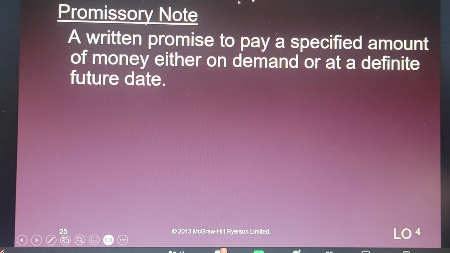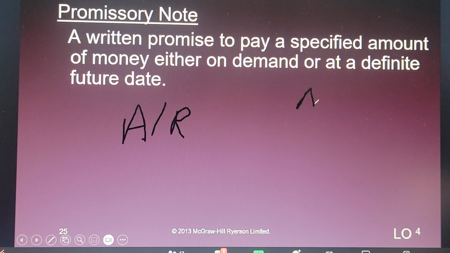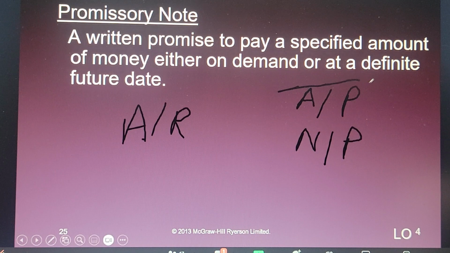What we have is short-term notes receivable. Okay. Now, we had accounts receivable. And if you remember when we talked about accounts payable and notes payable, we had those two types of liability.